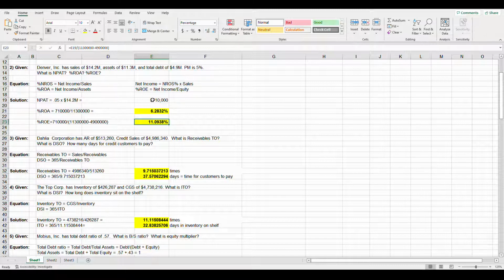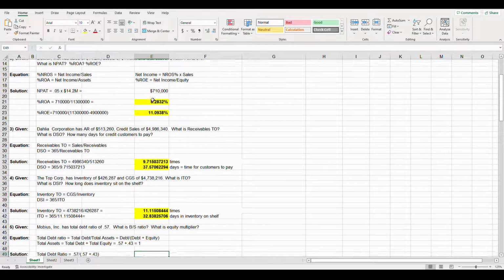It's because assets equal debt plus equity, so assets minus debt equals equity. So I need equity for the denominator. I take 710,000 divided by quantity 11.3 million of assets minus 4.9 million of debt, and I get a return on equity figure of 11.09%.